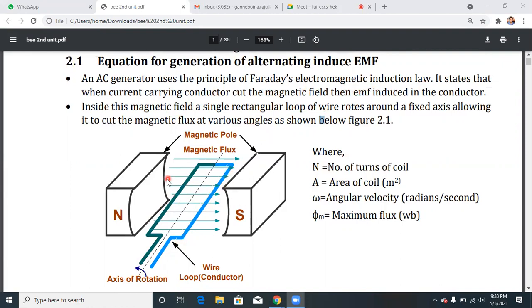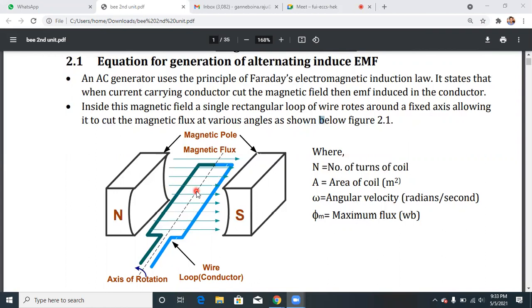I think you have studied this at mid level. For a motor, a current carrying conductor placed in a stationary magnetic field experiences some force. That is the motor principle.